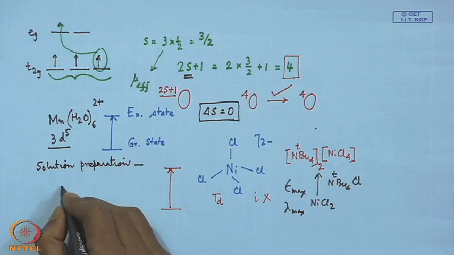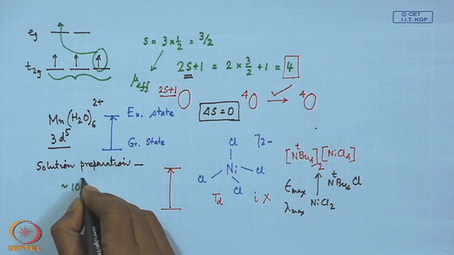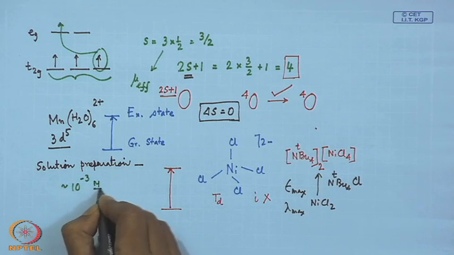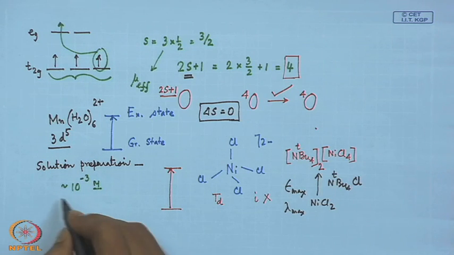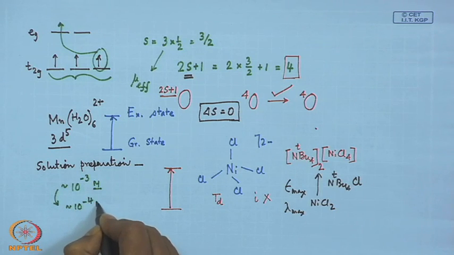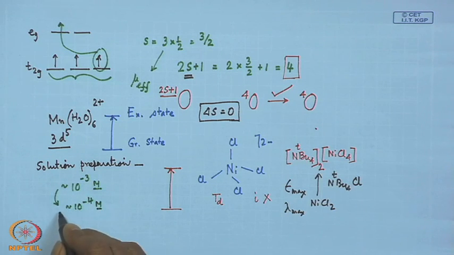So initially we make a solution of say 10 to the power minus 3 molar, then we dilute it to 10 to the power minus 4 molar, and then again we dilute it to 10 to the power minus 5 molar.